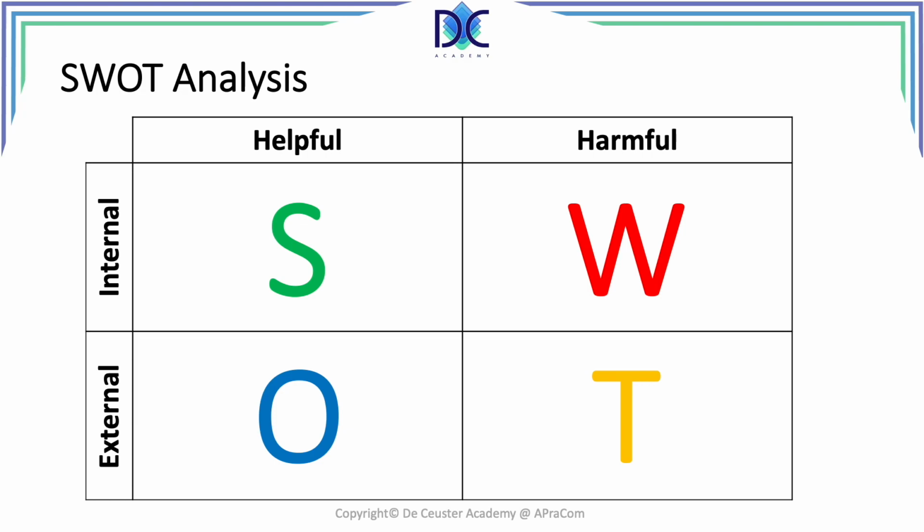The other things that we can look at are external opportunities. Opportunities are typically external, helpful elements, and then the threats. So strengths, weaknesses, opportunities, and threats is a very interesting analysis. We also find it in business cases, and you can apply it, of course, in your project.